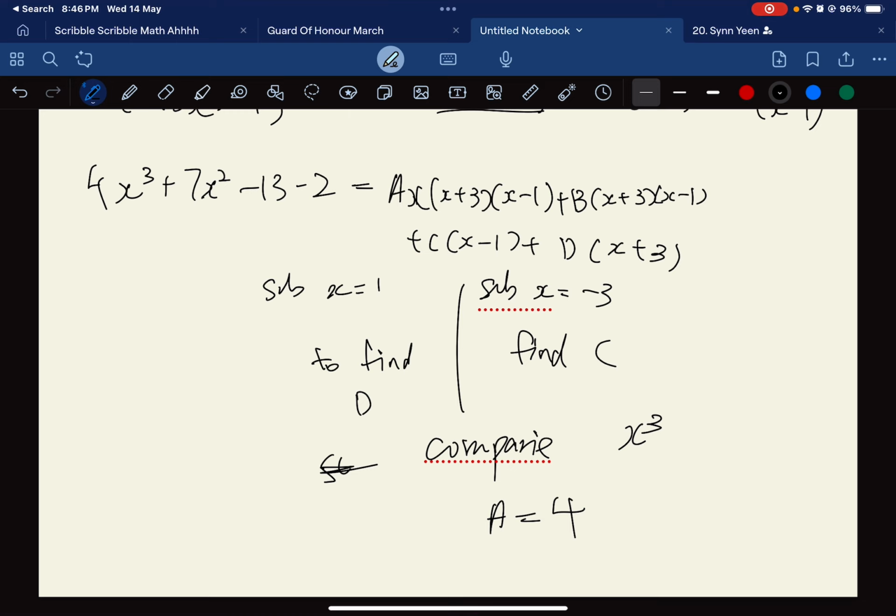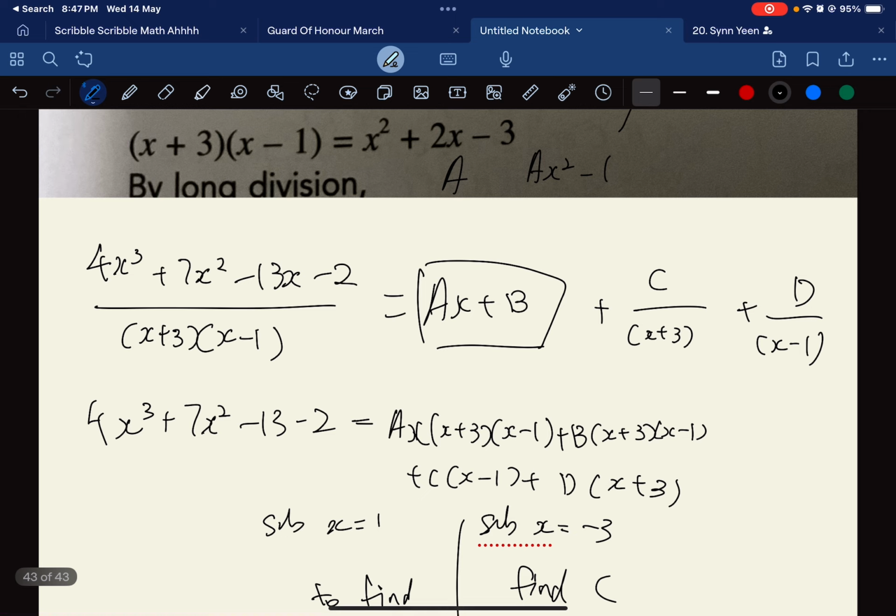D is also quite easy. So basically, wait, I did the wrong thing. What is happening? Should be correct. Technically it should work like this, but why is the answer so wrong?